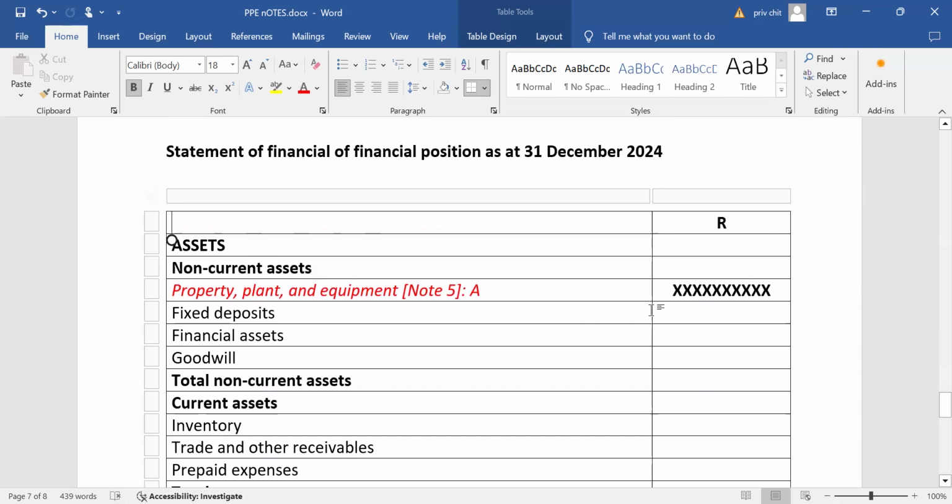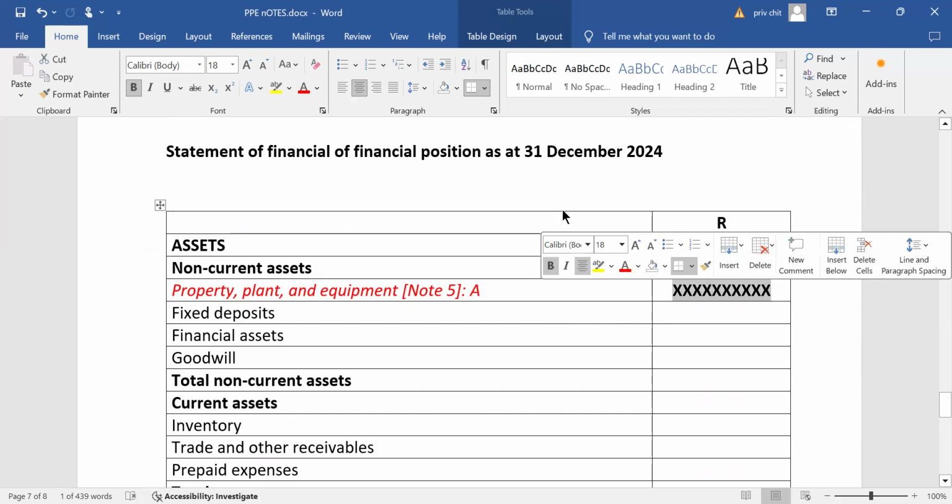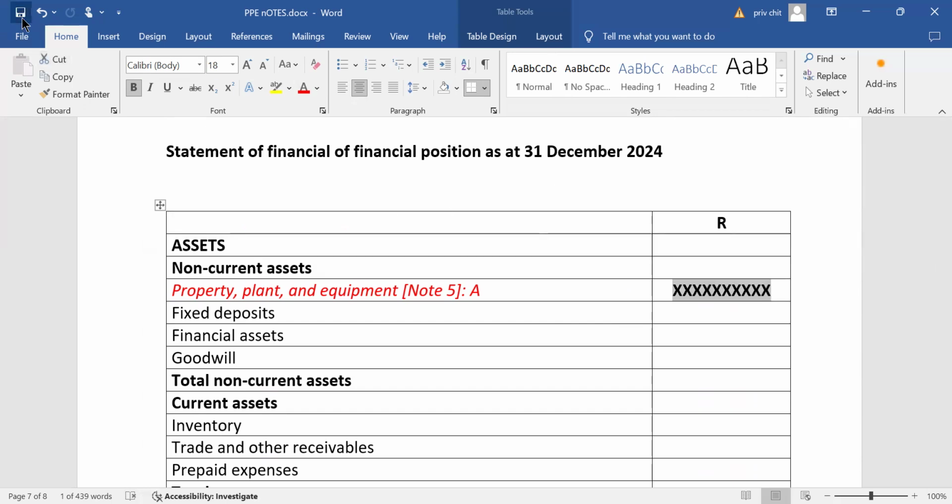Whatever you're putting here is just a transfer of your calculated amount from the property, plant, and equipment note, and they will give you what we call format marks, or principal marks. So for transferring that amount from the property, plant, and equipment note and putting it here in your statement of financial position, whether the answer is correct or incorrect, you still get a mark, and we call that a principal mark. They check that when they are marking you.